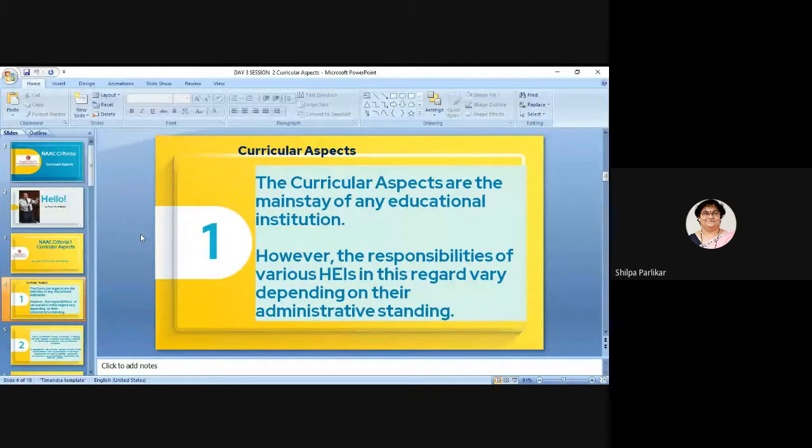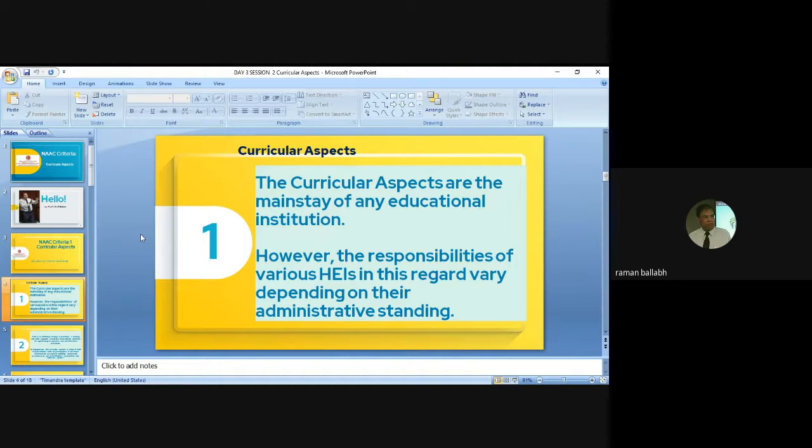Yes, ma'am, in any institution whatsoever type, the student enters to study. The prime objective of a student is to study the course. And the whole of the institution, the whole of the year, is focused on delivering the curriculum.